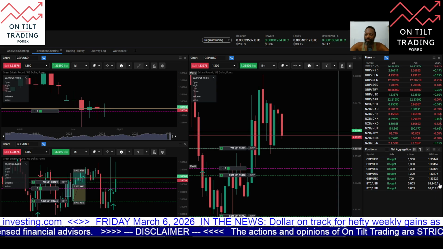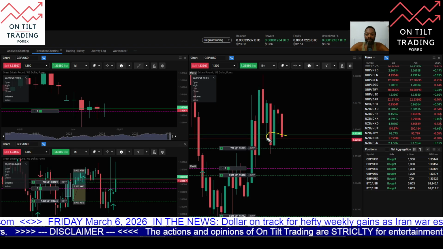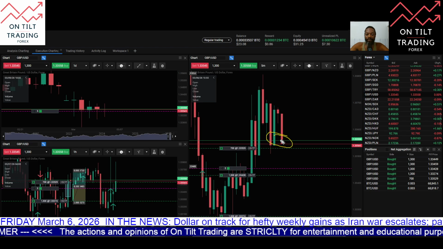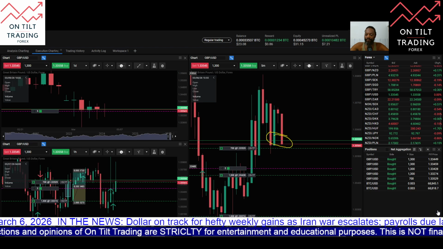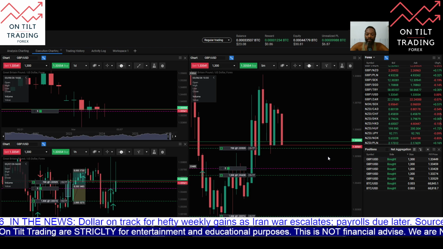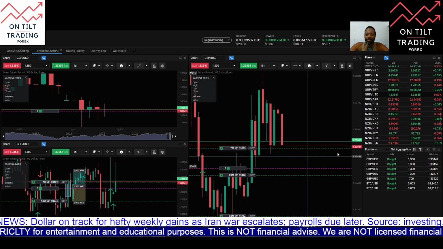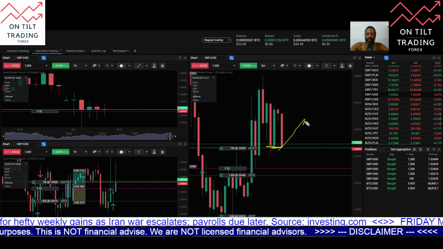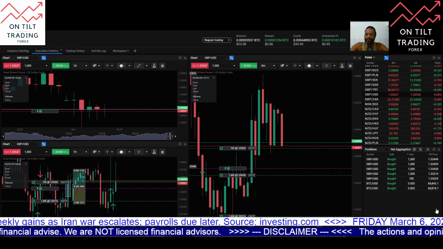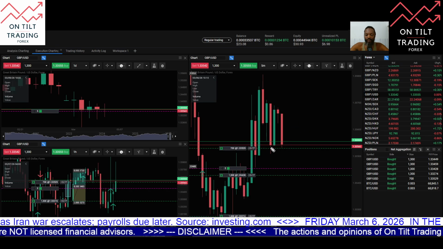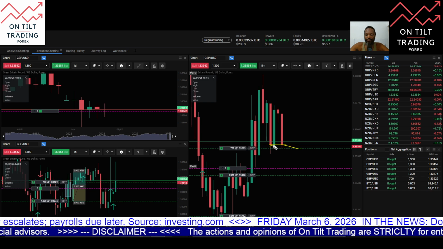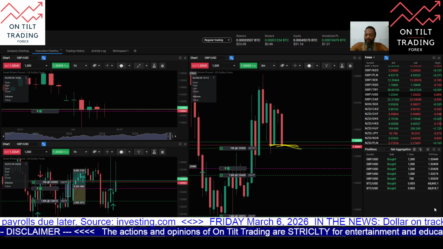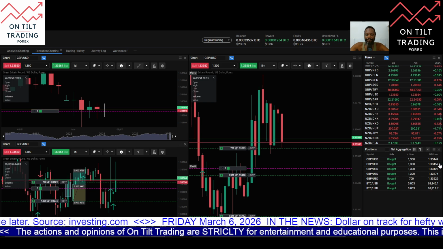There also may be on a lower time frame some fair value in this area. But once price collects or sweeps this liquidity here, price may want to return to the buy side. And now that liquidity here has been swept. So we'll watch what price does now.